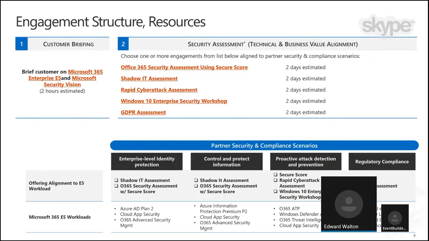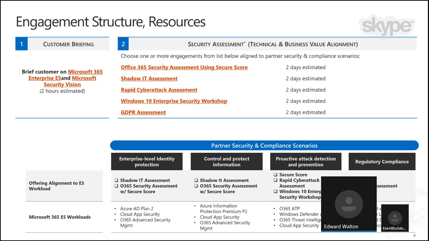So let's talk about what an engagement structure looks like and what resources Microsoft is making available for partners that have a specific interest in doing security-related work and providing security-related value to their customers and clients. Microsoft has put together a canned series of assessments to be used by partners that allow you to come in, work with your customers, build a brief dossier and an agenda that takes you into a 2-day engagement with your customer to be able to provide a resulting security posture dossier and remedial or actionable insights.